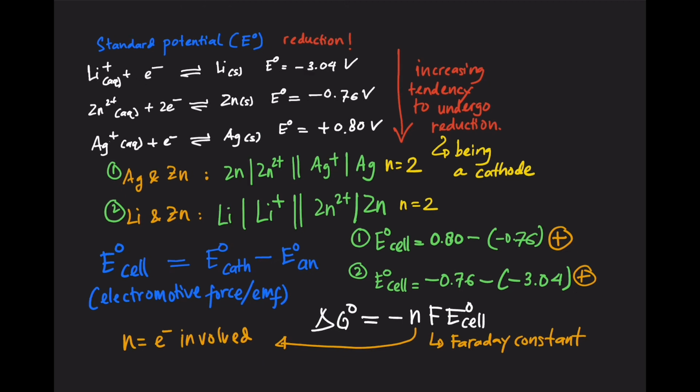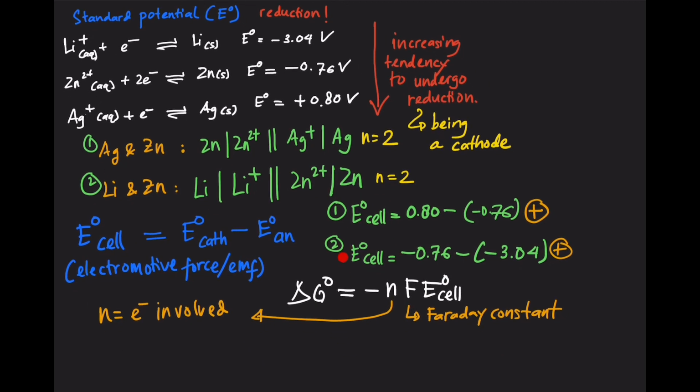And therefore, as long as the E of the cell is positive, so positive multiplied by a positive value, multiplied by a negative sign, then you get a negative delta G value. So if the E cell is bigger than 0, then you will get a negative value of delta G0. That means you have a spontaneous reaction.